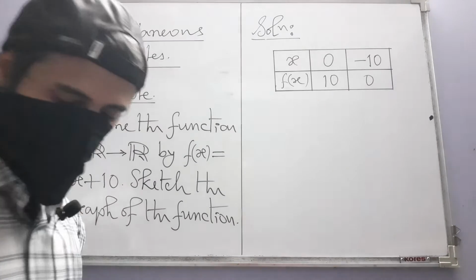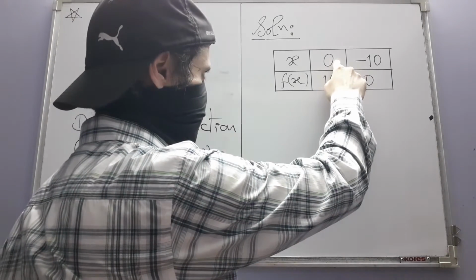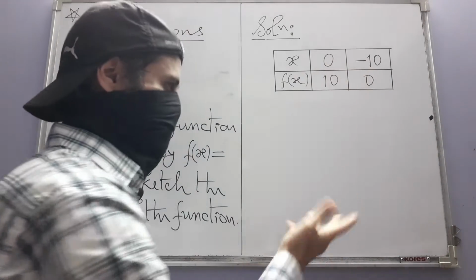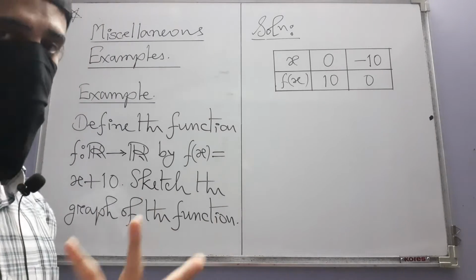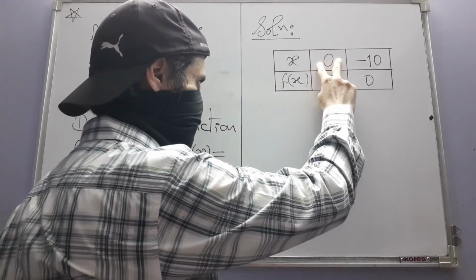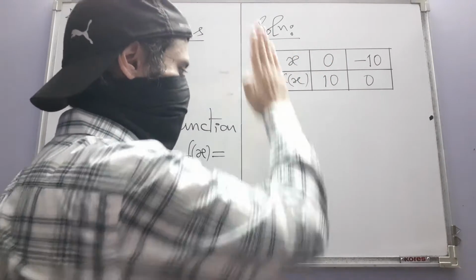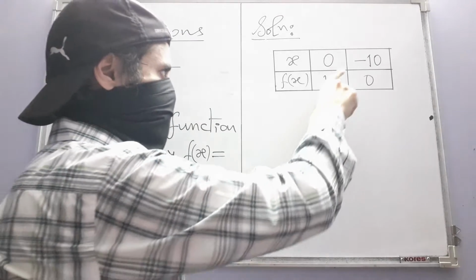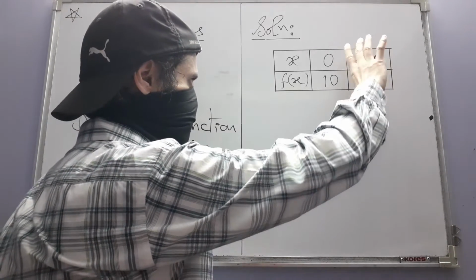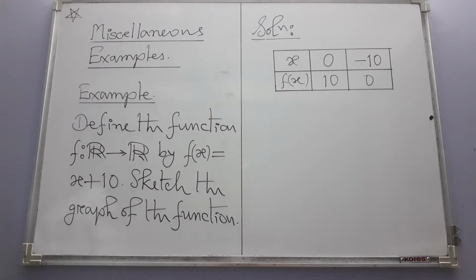You see, when your x coordinate is 0 and y coordinate is something else, or maybe 0, I am talking about the general situation, if your x coordinate is 0, then the corresponding point lies on the y-axis. And when your y coordinate is 0, the corresponding point lies on the x-axis. That's why things are simple.